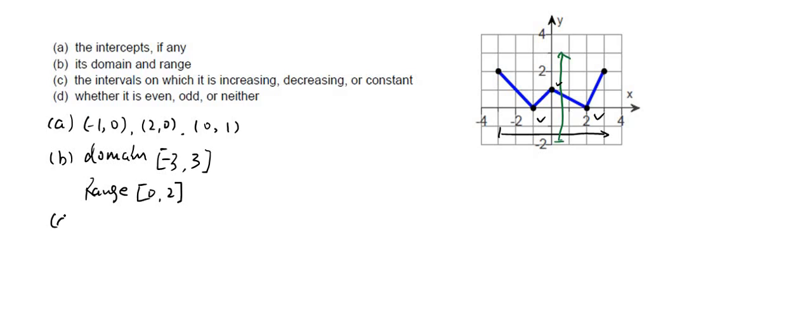Now we're going to check increasing, decreasing, or constant. We follow a similar procedure. We draw an arrow from left to right, that means x goes from left to right, and we can see the curve goes down on this interval, goes up on this interval, goes down on this interval, and goes up on this interval.